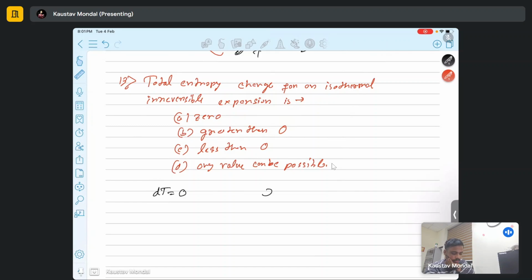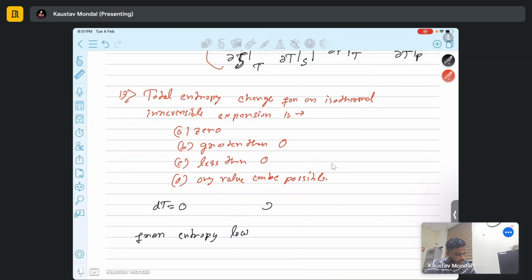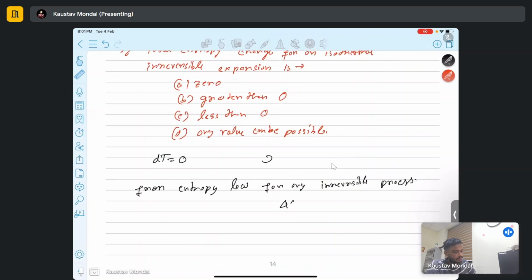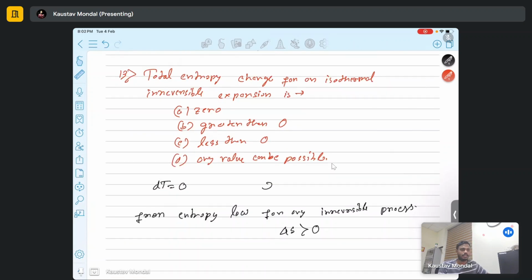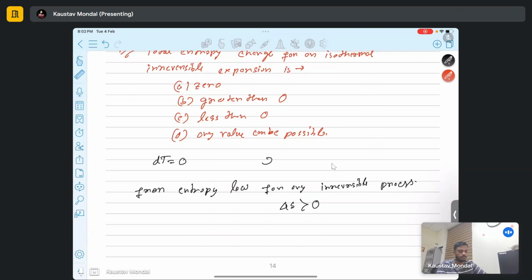Irreversible means it cannot be reversed, but I guess all of this information is not needed here, because from the entropy law we already know that for any irreversible process delta S will always be greater than 0, right? All this information, like isothermal, is not actually needed, because from the statement itself you can easily tell that delta S will always be greater than 0 for this kind of problem. So option B will be the correct answer.